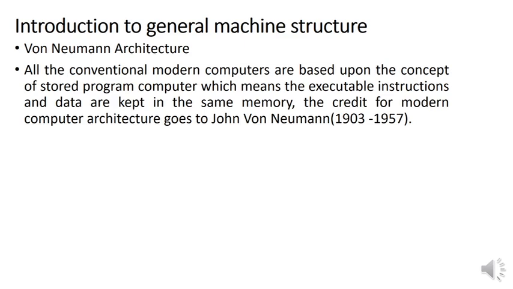The credit for modern computer architecture goes to John von Neumann, this great mathematician, because he is the one who developed the conventional model architecture for modern computers, and all the concepts behind all modern computers based on stored program are done based on von Neumann architecture, which you need to understand.